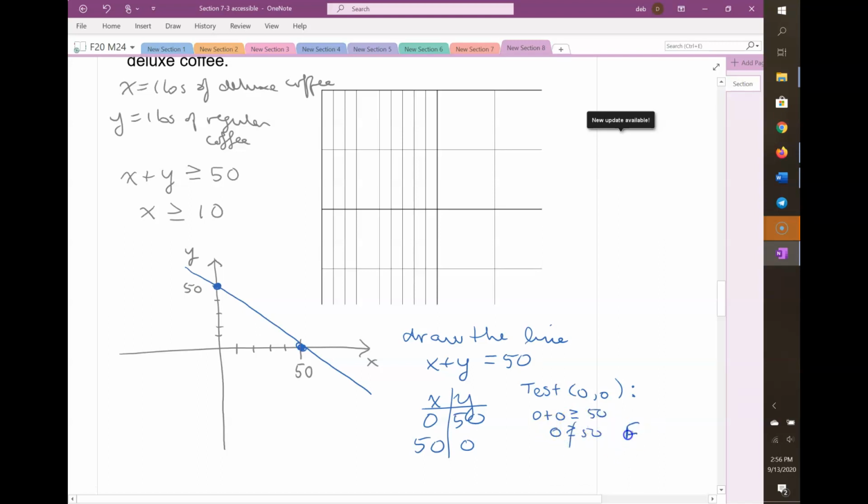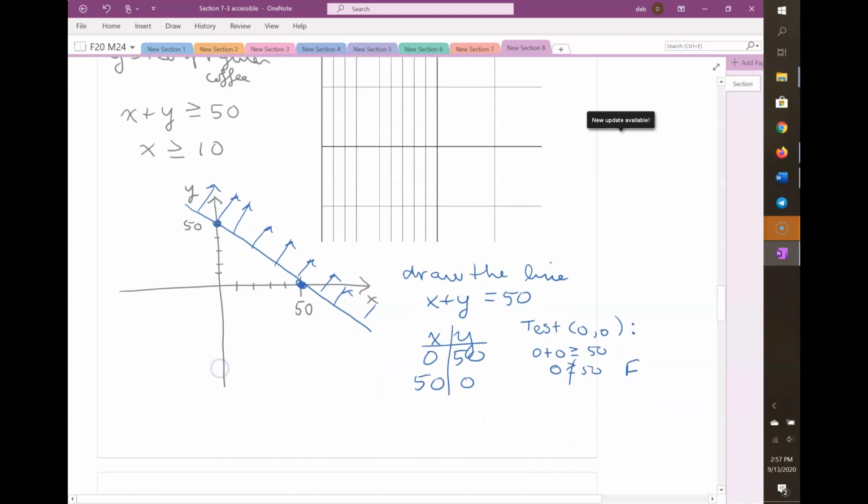Nope. So I need to shade away from 0, 0. Okay, then the next line I need to graph is x equals 10.